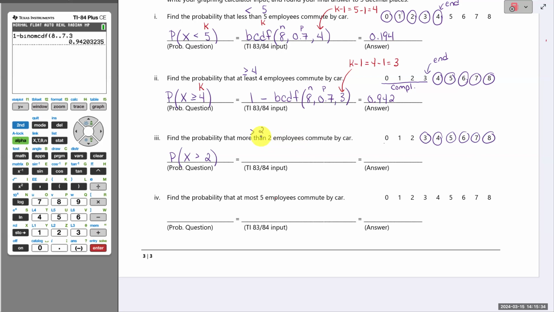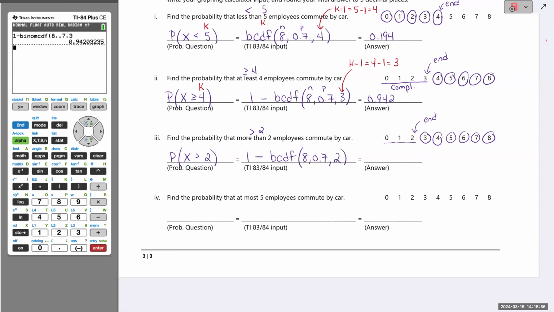And again, I'm going to use the rule of complements. And the complement would end here at 2. So the complement rule, 1 minus, and then we'll do binomial CDF, and then N and P. And then I know that third value should be 2.